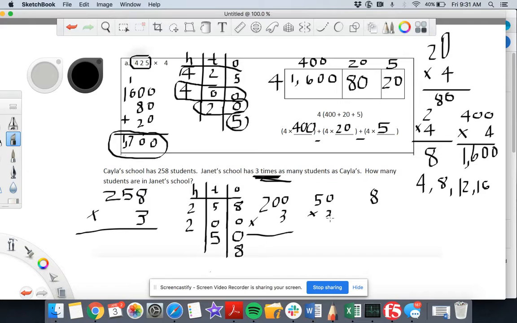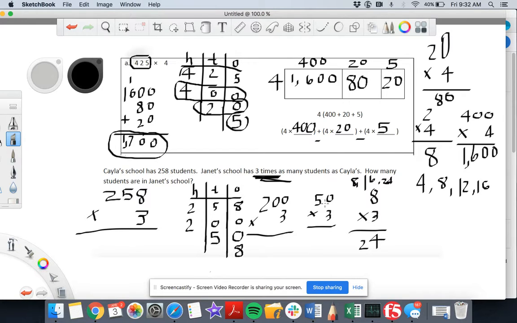Okay, and let's multiply. 8 times 3. Please list your multiples. So you could list your multiples of 8. So I have 8, 16, 24. So 8 times 3 is 24. 50 times 3.